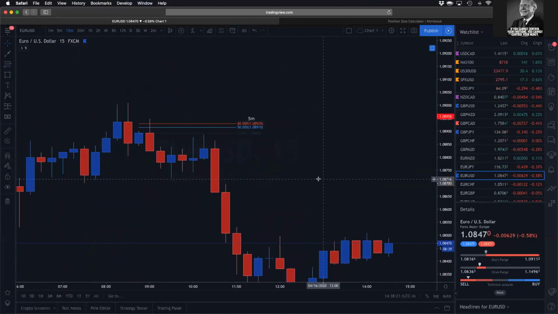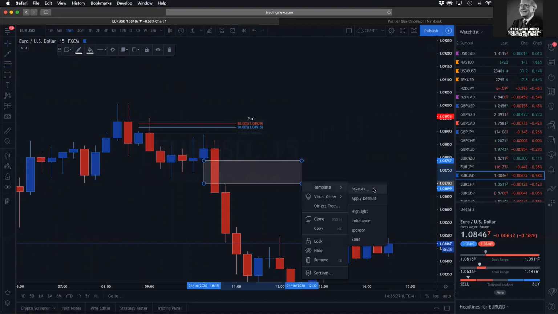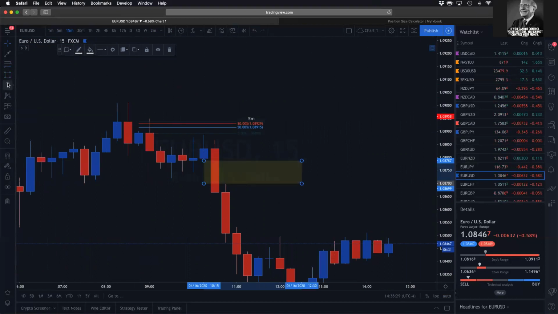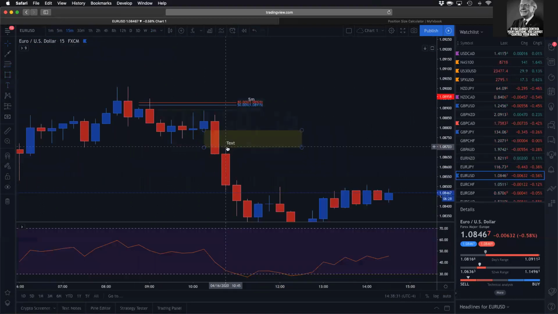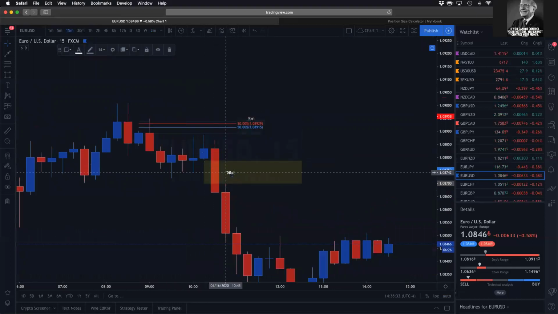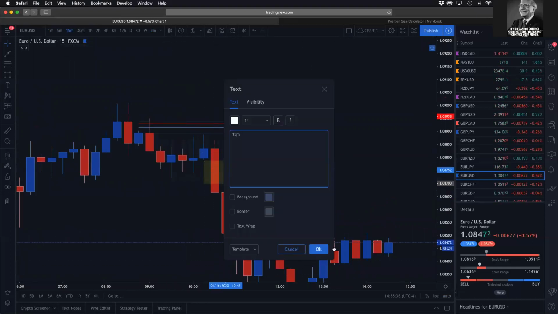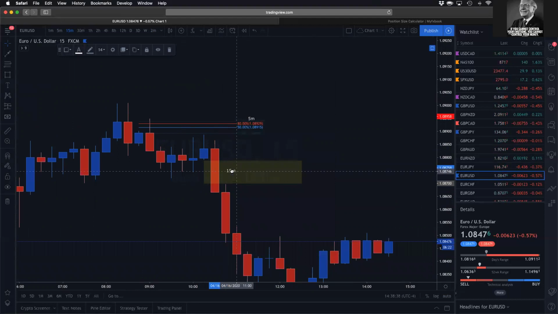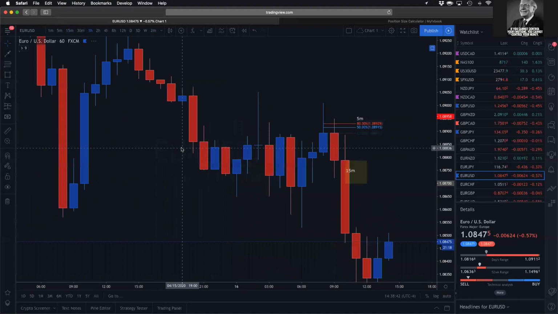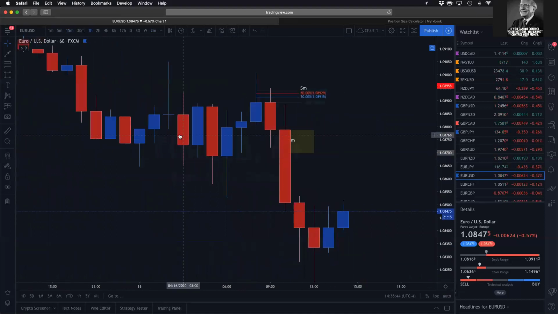So now that 5 minute is the ideal position. And now we have displacement here on the 15. All right, 15. I'm sure these two candles, there's going to be an hour imbalance. Yeah, look at that hour imbalance.